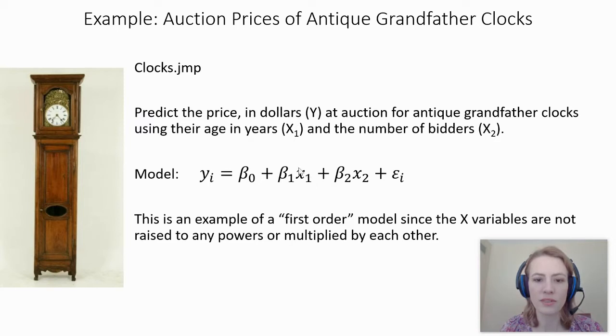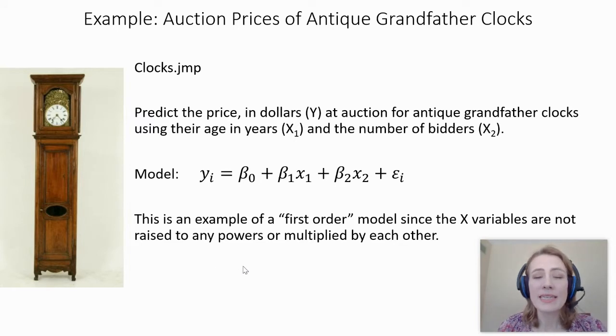So later on, with the prediction expression, we can put in an age there. Then we have a second beta coefficient times the number of bidders. And since we're modeling the exact price for each individual, we have to include the error term to catch anything that didn't fall under either the age or the number of bidders.